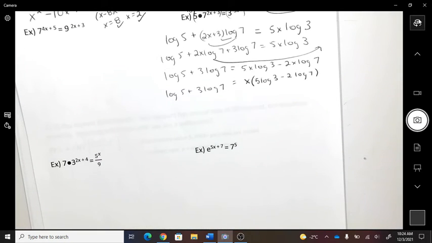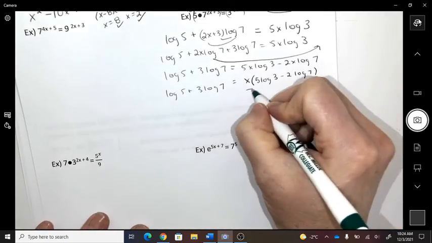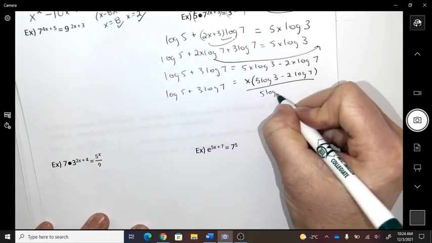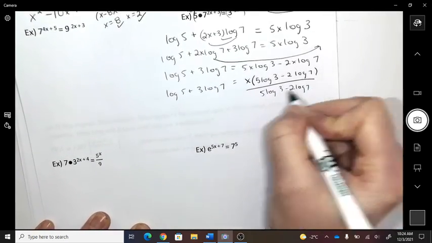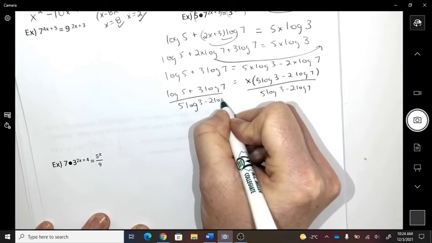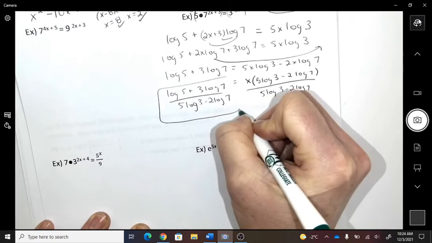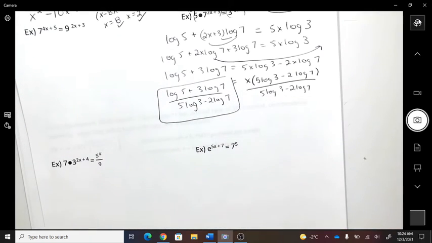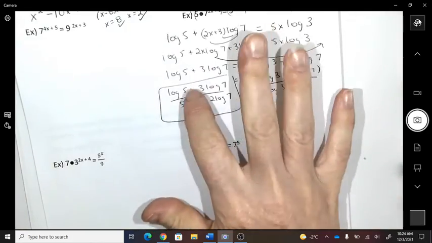Okay, now how do I get x alone? I have to divide. It looks complicated, but it's just all about following lots of the rules and order. So, okay, let's practice the typing.